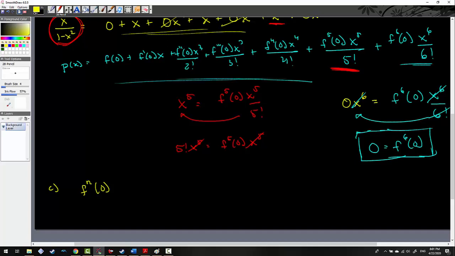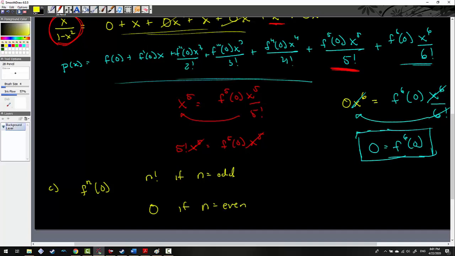Well, it seems to me, when they talk about the value of the coefficient, it looks like it's going to be n factorial if n is odd, and it looks like it's 0 if n is even.